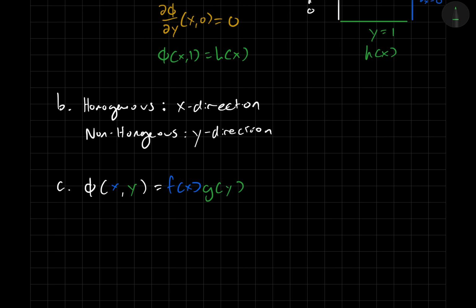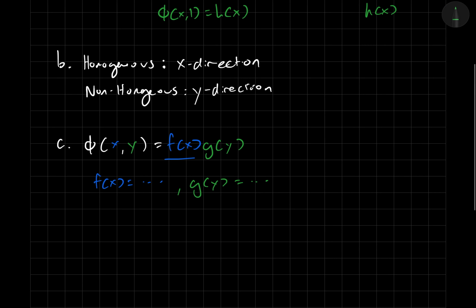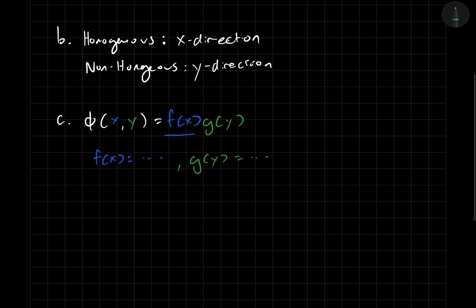Now that we have this though, how do you even solve for these? Well, we basically want to isolate each of these variables so that we can solve for them independently. So maybe we can first try to solve for f of x equals something, and then g of y equals something else. Then we can finally just multiply them and directly get what phi is.